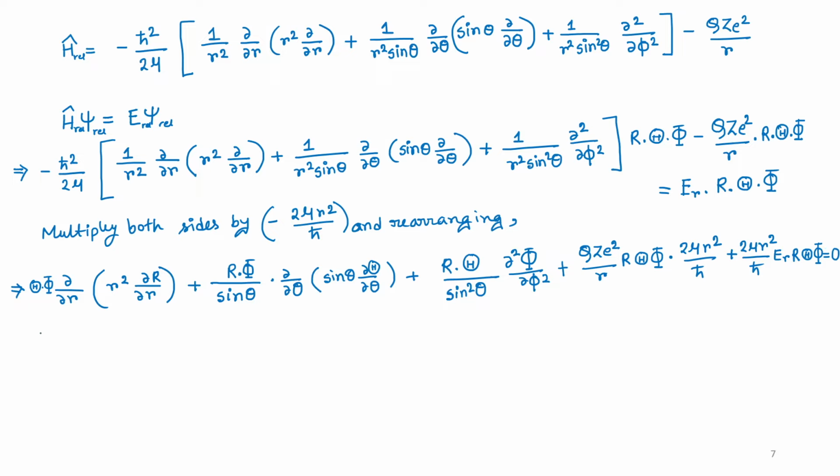Now dividing both sides by R Theta Phi, we will get 1 by R del by del r.